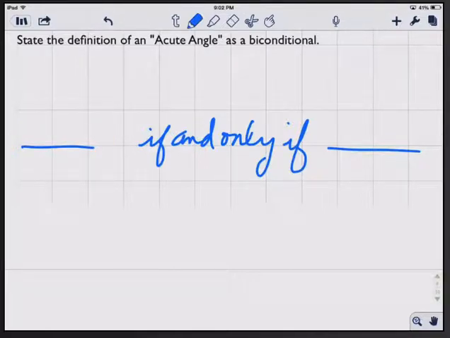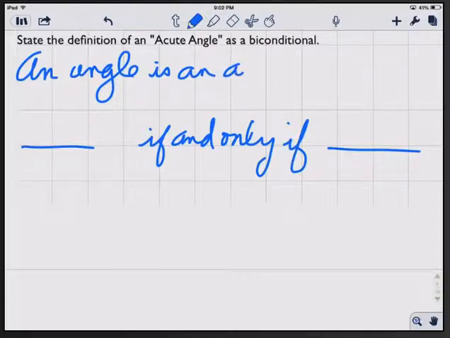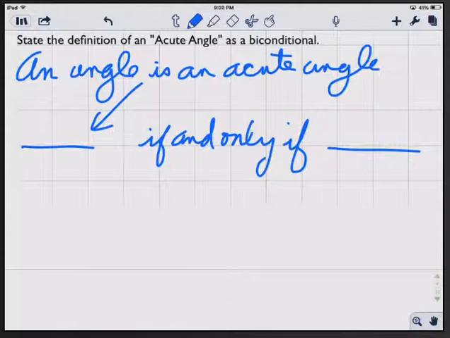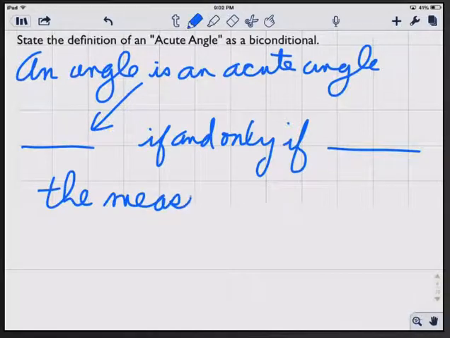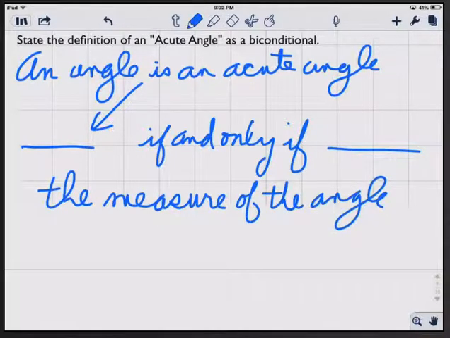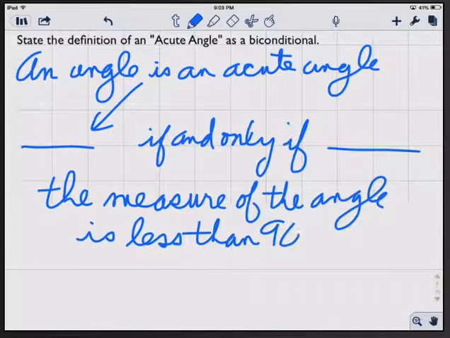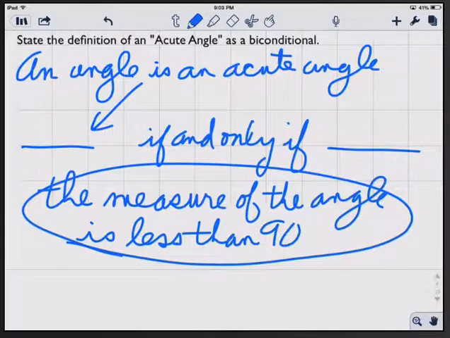So if an angle is an acute angle, then, so that becomes this phrase, then the measure of the angle is less than 90. That becomes the phrase that goes over here.